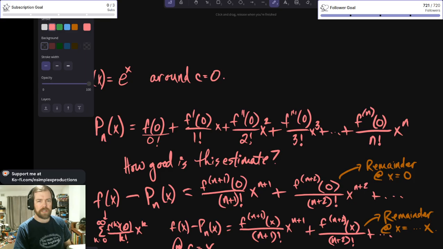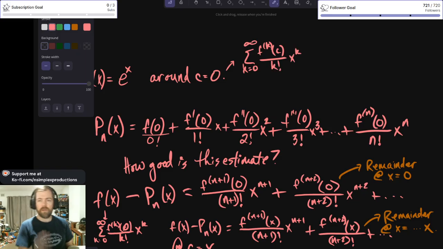Around c equals 0, because again, this is going to be the summation as our k goes from 0 to infinity of the kth derivative at c over k factorial times x to the k, as the generic version of this.